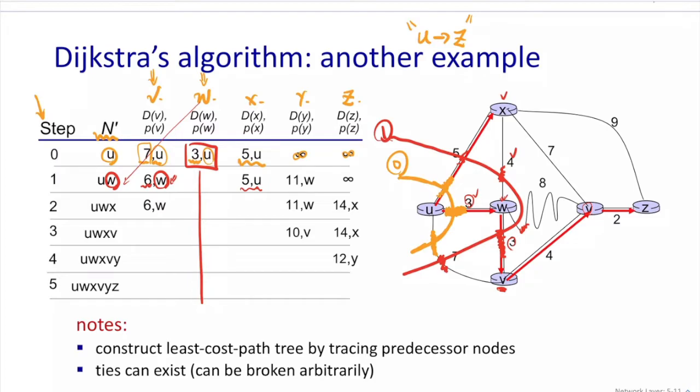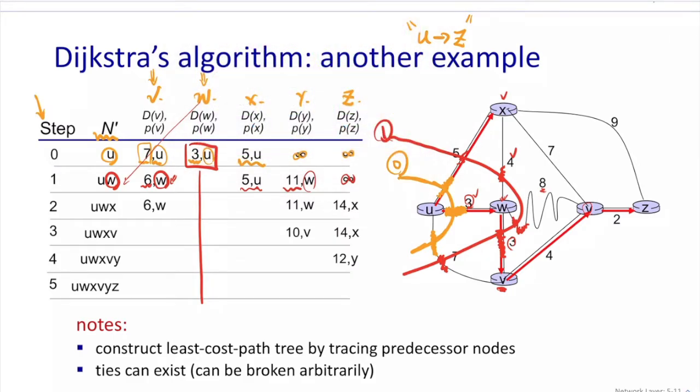The answer is yes, because we have an edge that crosses this red boundary, right? The answer is 8, right? So 8 and 3, the number is 11, and go through W. And through this red boundary, we still cannot reach Z, so that is like this.